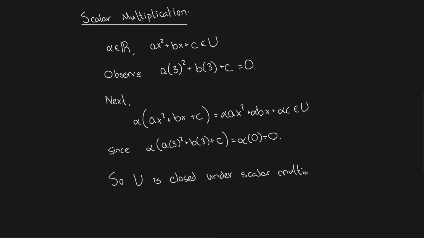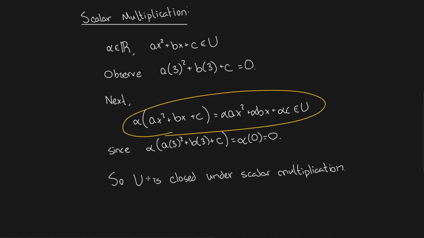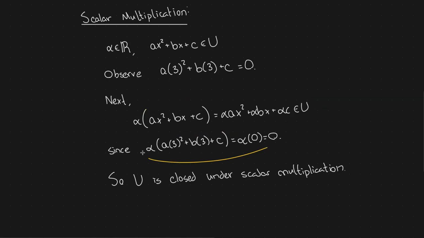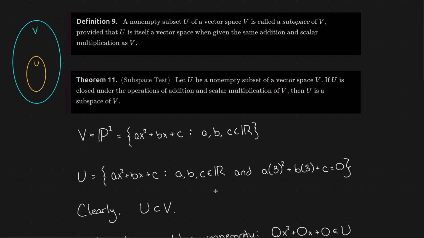If I take an element in U and I scalar multiply it, the result is still in U. I took something that was in U, I scalar multiplied it, and I showed, hey, yep, it's still in U. Still has that property where if I plug in 3, I get 0. Okay? So that's condition 1 checked.